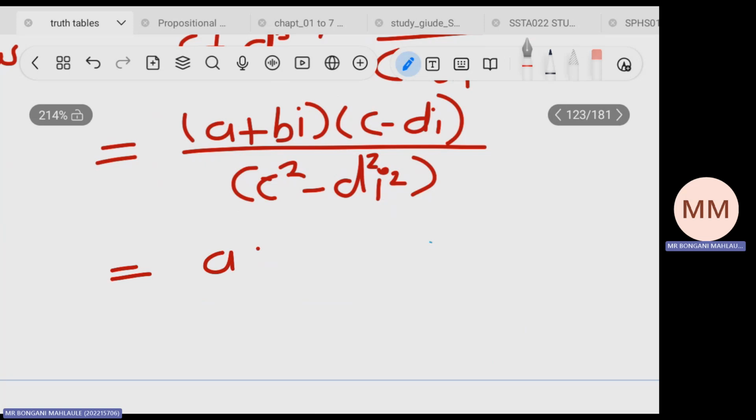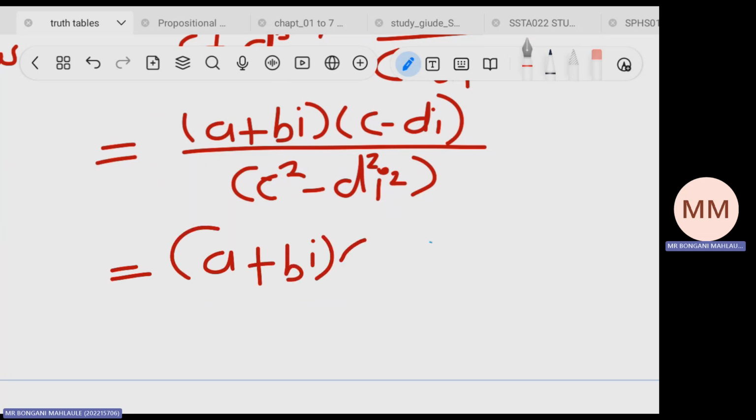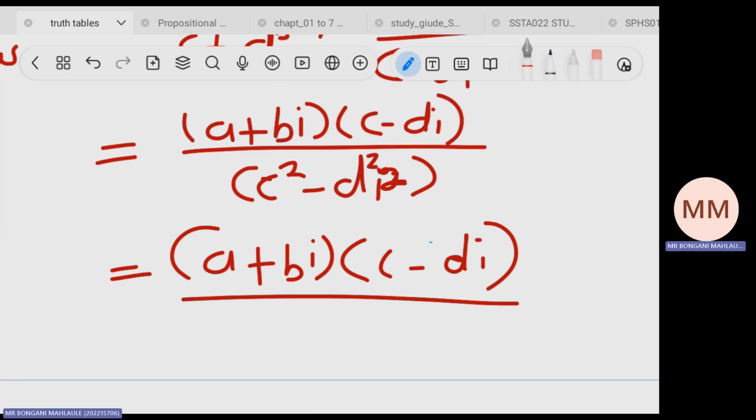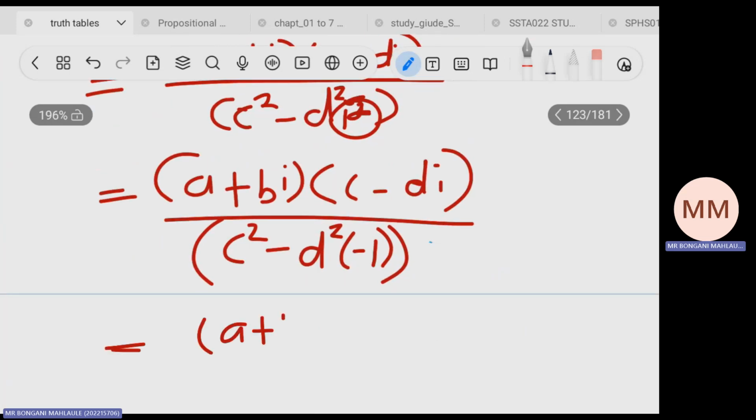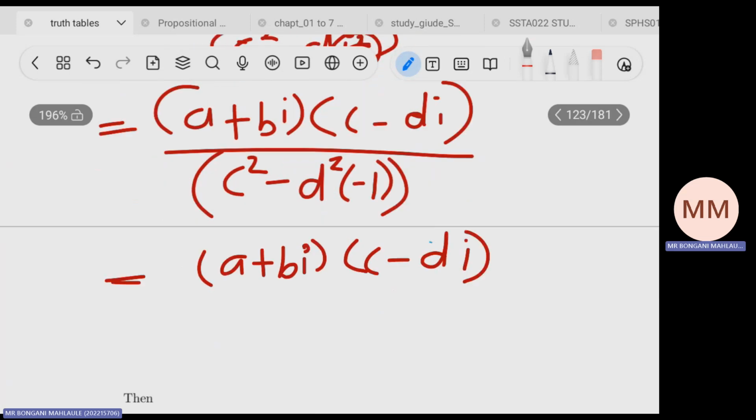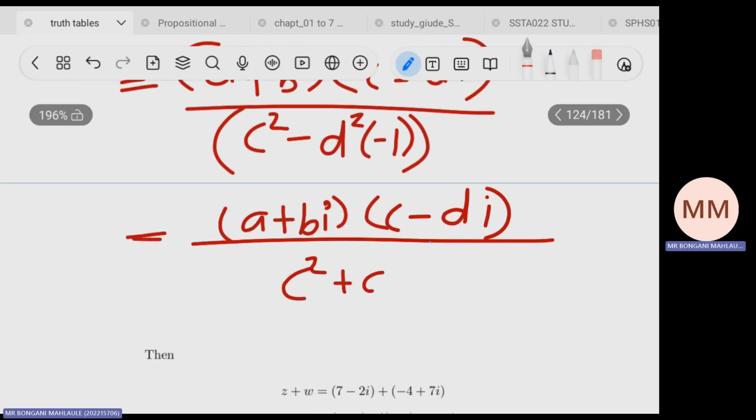And we know very well that this i squared, we are going to replace it with negative 1. So we're having this, all over c squared plus d squared.